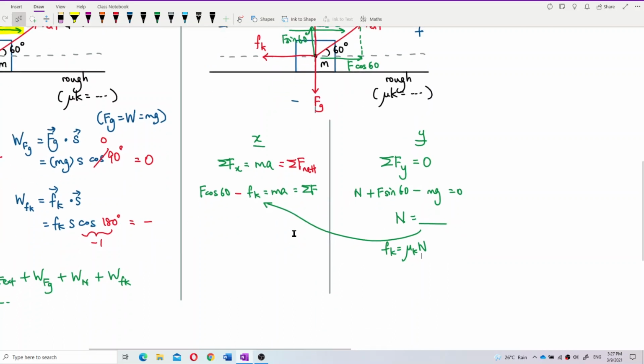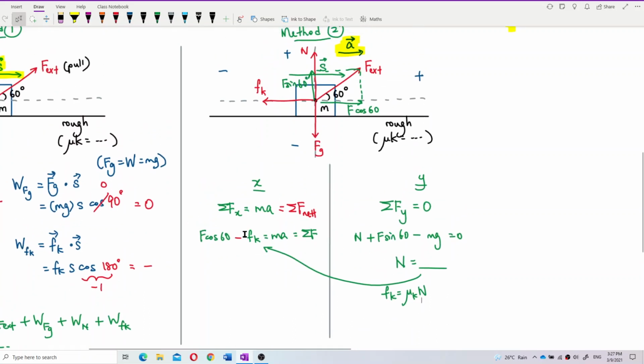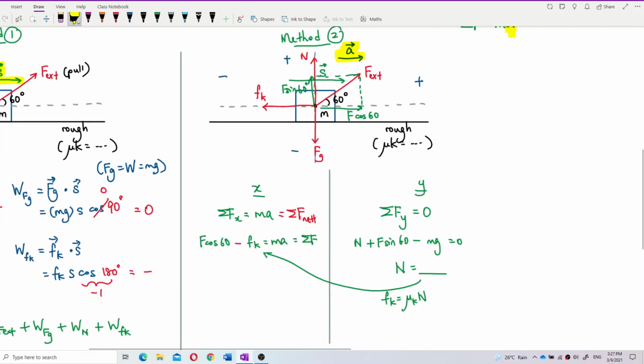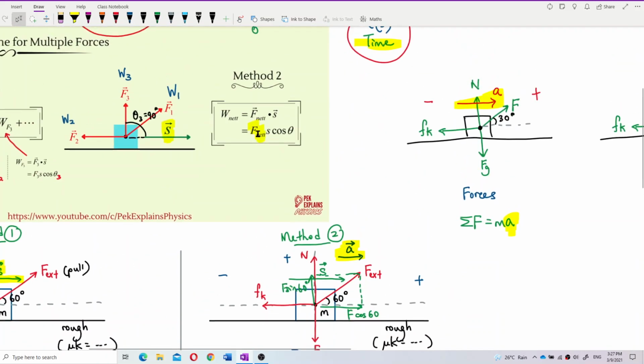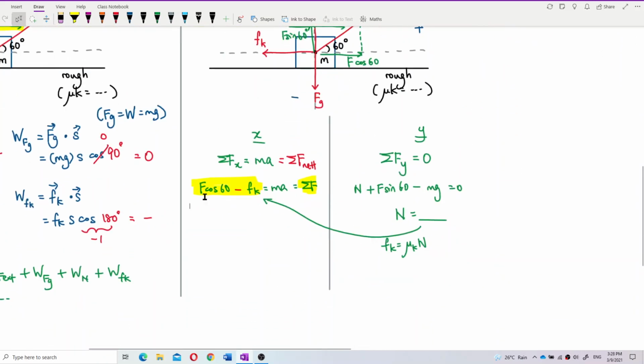But the thing is, our net force is only in the x component. You see that? Our net force is only in the x component, F cos 60. You want the net force here, which means the x component, because the y component net force is 0. So we don't need this one. We only need the x component.